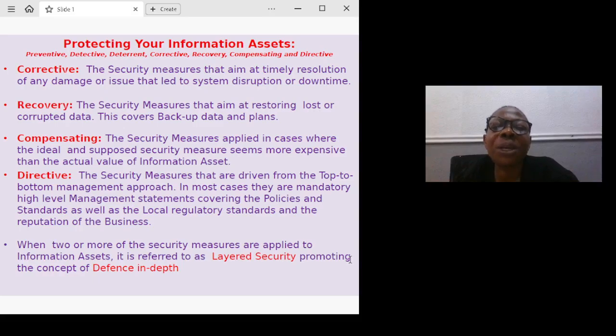Your backup plan is your administrative control, and the backup proper is your recovery measure, to make sure that at any point your hard drive crashes, you have your daily backup and your hourly backup to quickly restore onto your system, so that the impact of whatever went wrong will not be much.